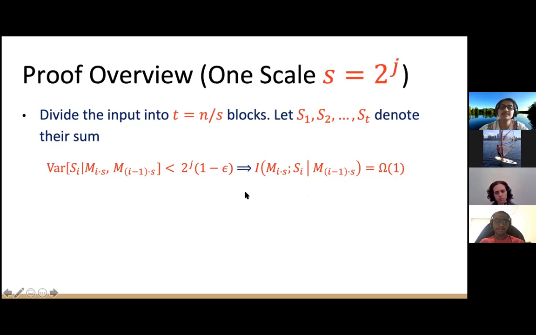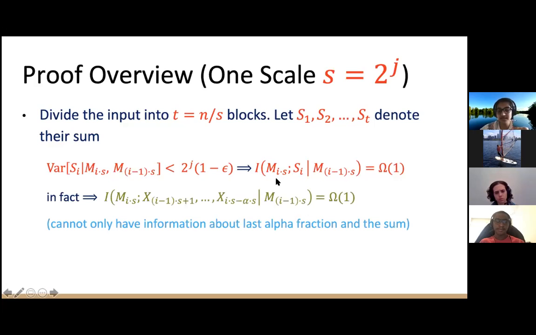But what is interesting is that we can go further. We can show that the memory state after reading the bits in the ith block has omega 1 bits of information about the first 1 minus alpha fraction of the inputs in this ith block.